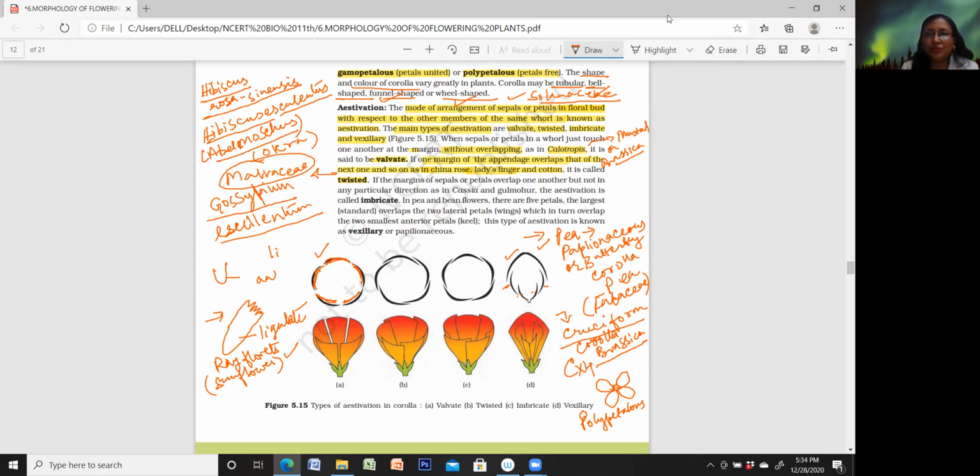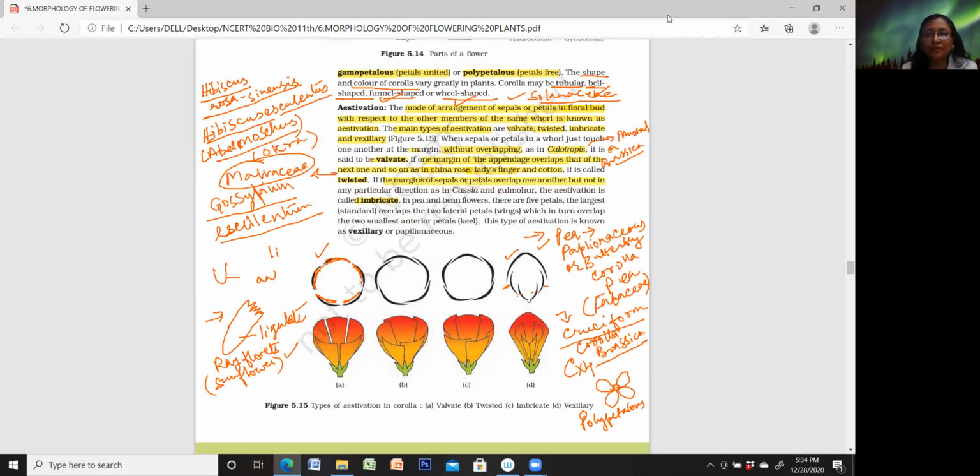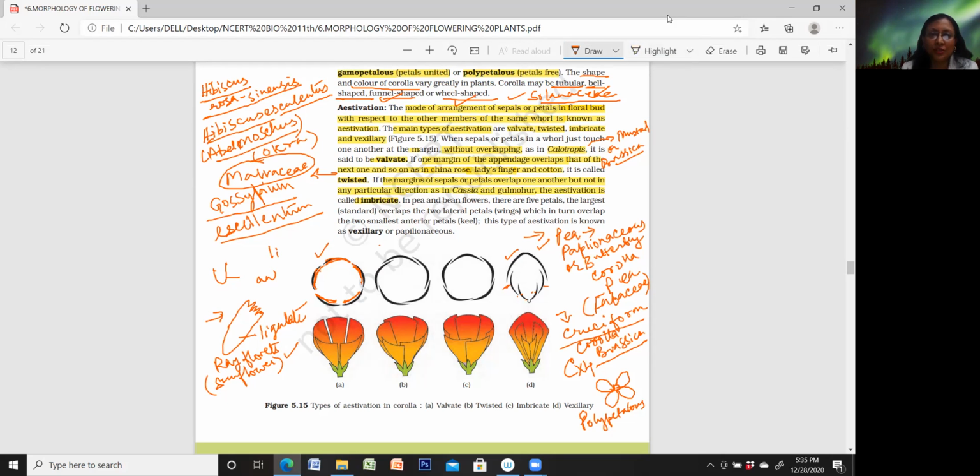Then going to the next one, that is imbricate. Margins of sepal or petals overlap one another, but not in any particular direction, as in Cassia, Gulmohar. The aestivation is called imbricate. Now this is given very simplified. Twisted, I hope you have seen how it looks in the diagram.